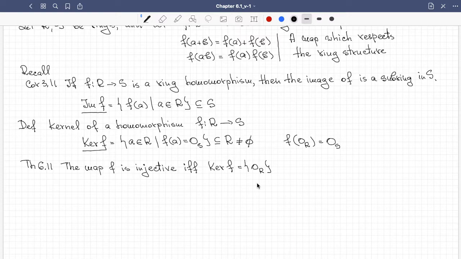You may immediately, from the definition of image, observe a similar statement about the map f.